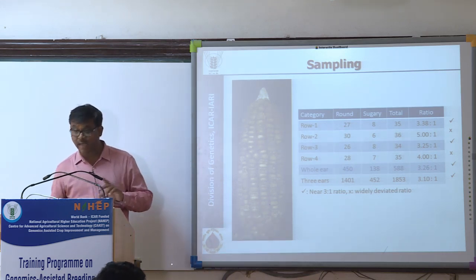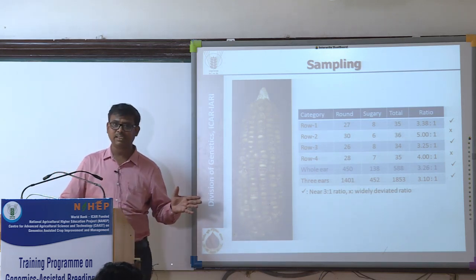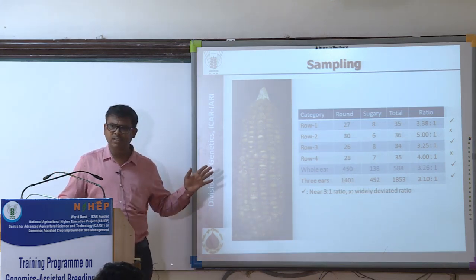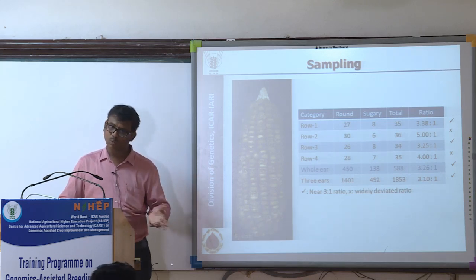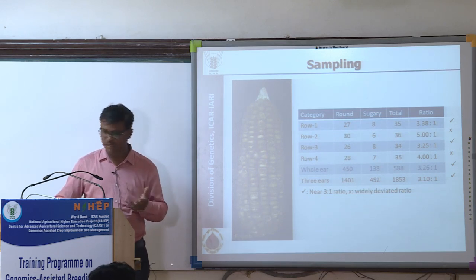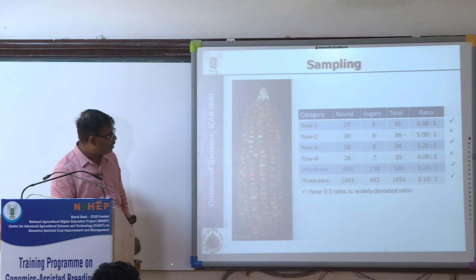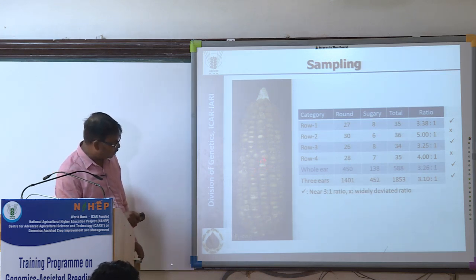Which of the seeds will show roundness and sugariness is based on what? Meiosis, which is a random process, and where the pollen will go and fertilize is also a random process. So, none of the rows will ever show a similar pattern of normal and sugary. Like here, both sugary and normal are present. In this row it is not there, here it is not there, here it is not there.